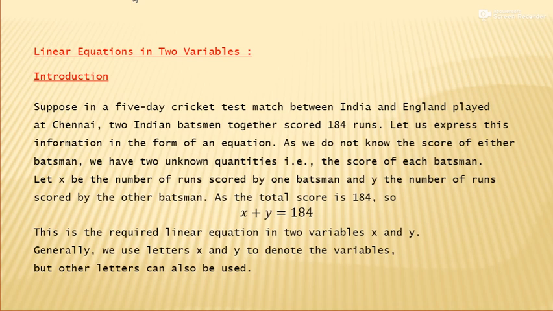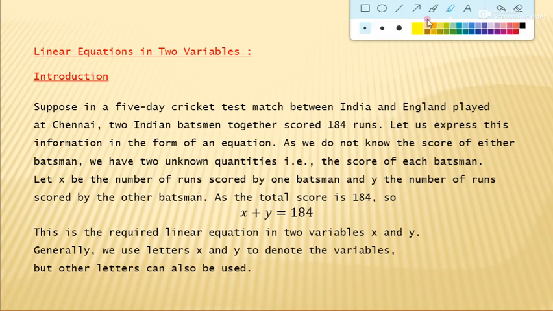We will try to learn by given examples. You can see on your screen. Suppose in a 5-day cricket test match between India and England played at Chennai, two Indian batsmen together scored 184 runs. Let us express this information in the form of an equation, as we do not know the score of either batsman.